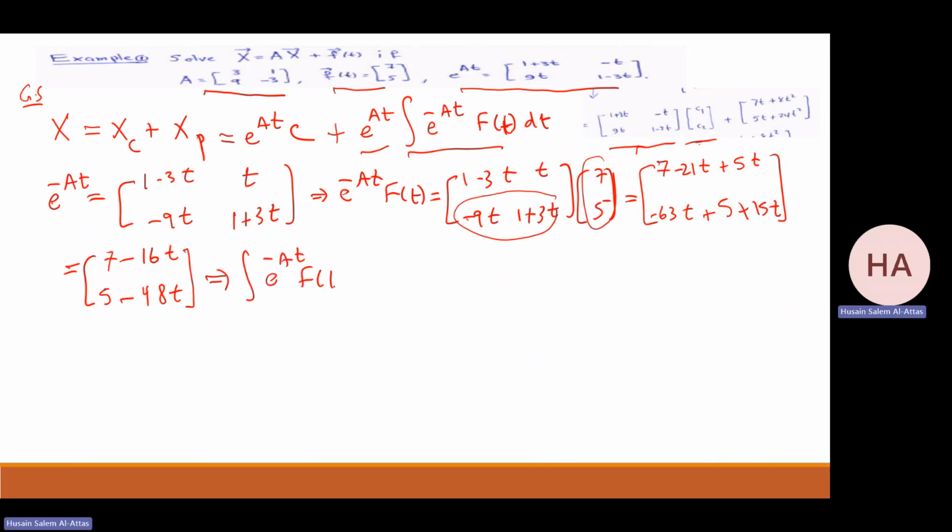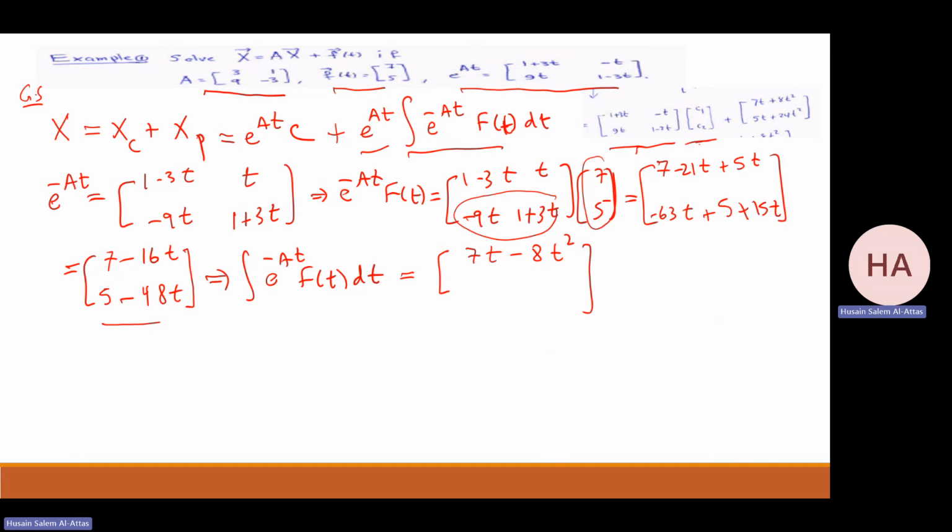Now I need to integrate this. Be careful with the calculation. I did this times this. So 7 minus 21 plus 5t, minus 63 plus 5 plus 15t. Good. This is the integral of this. It means I need to integrate that. Yeah, let me do it quickly. That will be 7t minus 8t squared. Yeah, 16 over 2 is minus 8t squared. Okay.